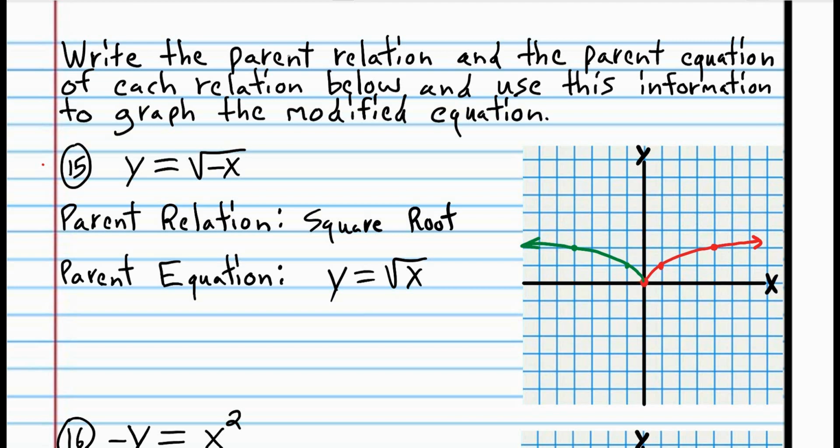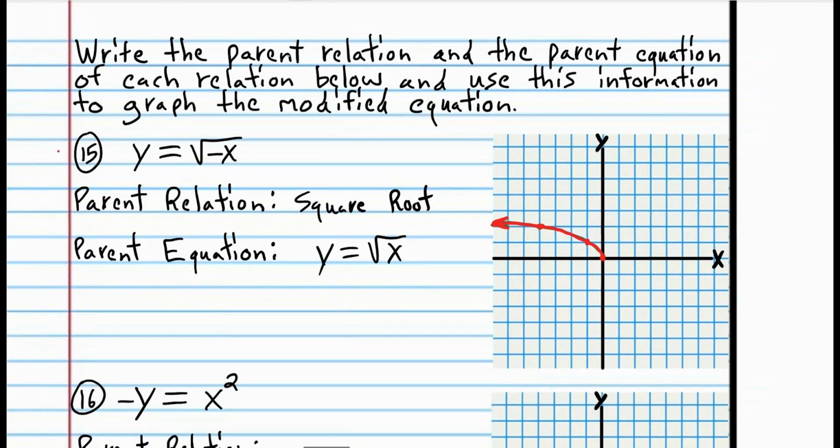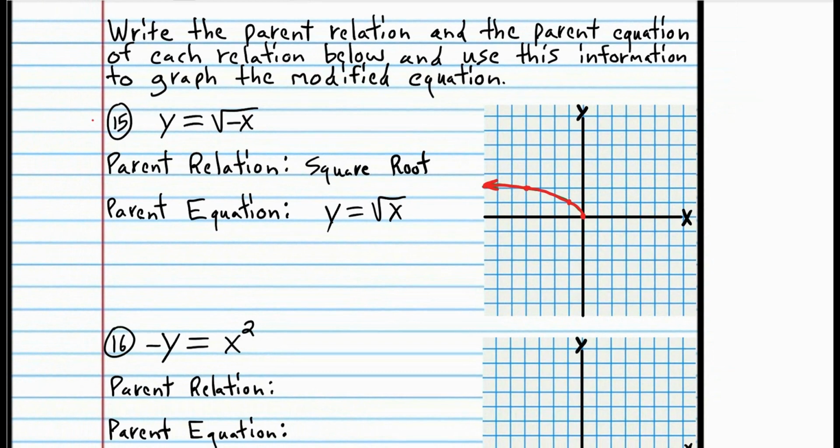That's why we say we reflect across the y-axis. I may have over-explained that, but hopefully you get the basic idea. So I'm going to change this graph to red. And so there you go. That's reflecting across the y-axis. Now notice that when you write a negative on the x, it reflects across the y-axis. Again, it's the opposite of what you would think. You would think changing x would reflect across the x-axis. No, it reflects across the y-axis.